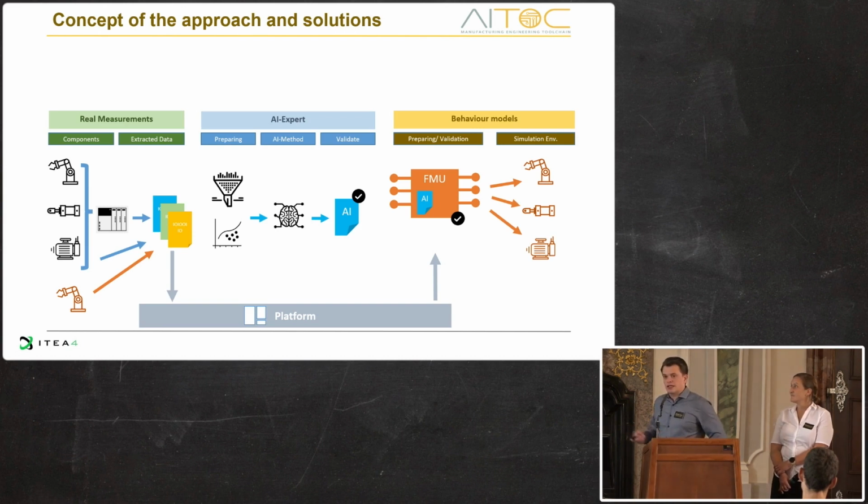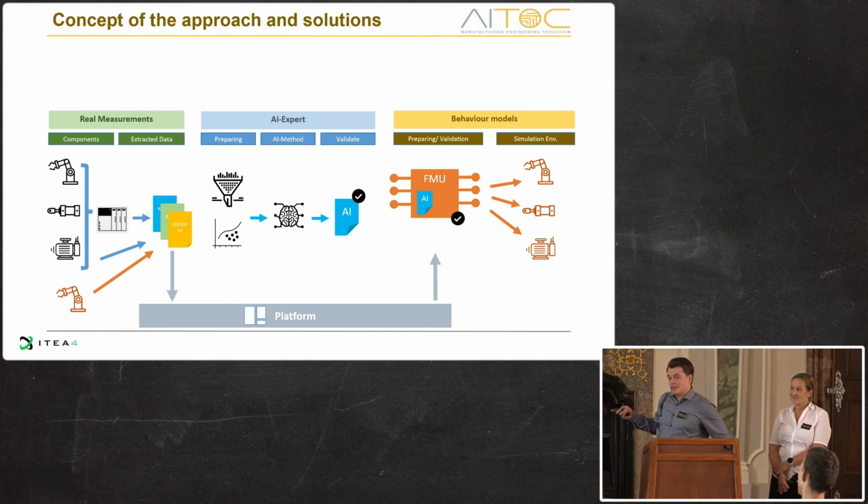Yeah. And what are the next steps? So we have different parts here. So we go at least to the AI expert. So we have a part for preparing. So this is the pre-processing part. So you have to bring the data into a form that you can use later on for the training. Yeah. And then you have the training itself.